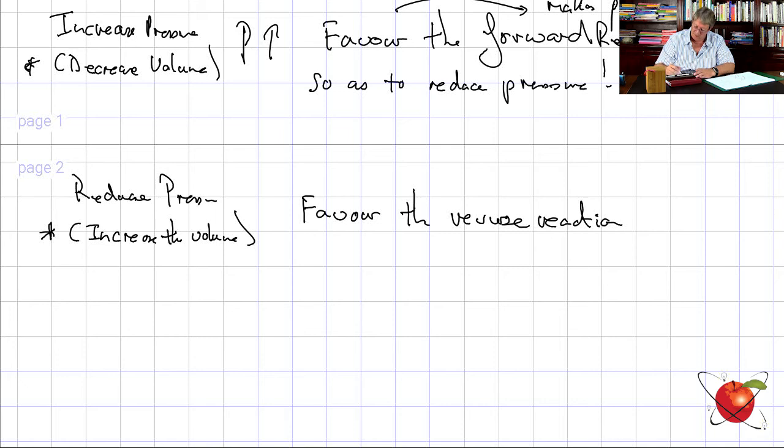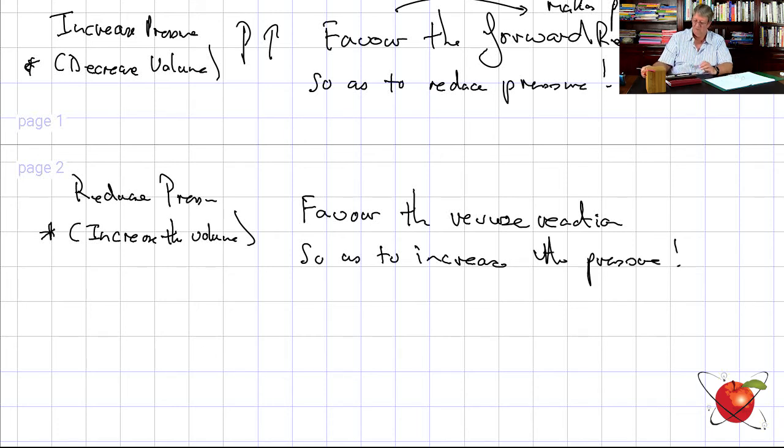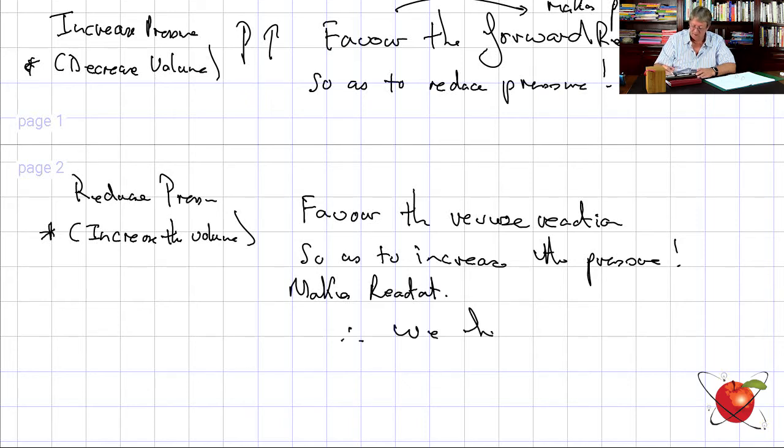Okay? In other words, so as to increase the pressure. Pretty obvious. In other words, it makes reactant. Therefore, we have less product. All right?